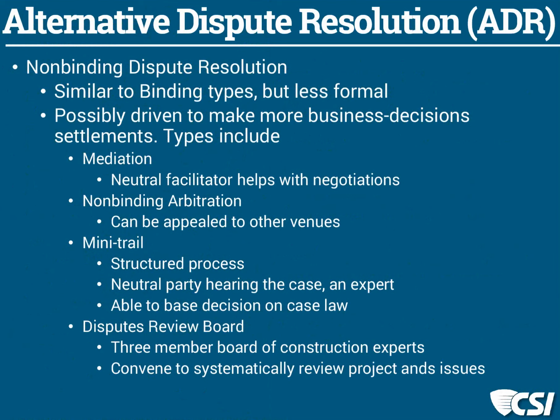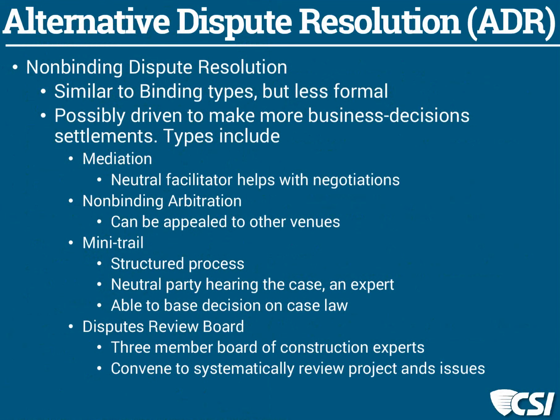So we're going to look at these in a little detail, but mediation is a neutral facilitator who helps with negotiations. Non-binding arbitration is another process where a panel of experts or an individual who understands design and construction is seated to look at the case. It may be appealed to other venues if that does not work once the arbitration is concluded, for example, going back to litigation.